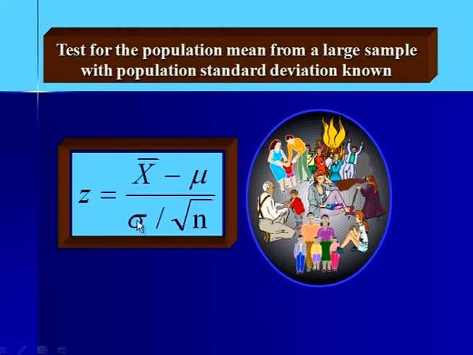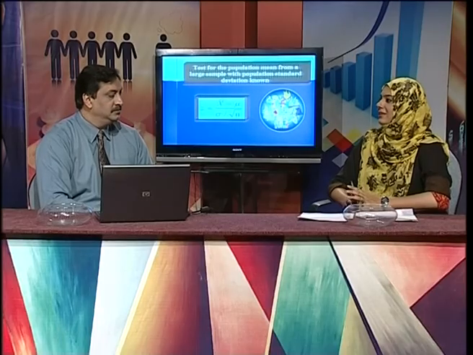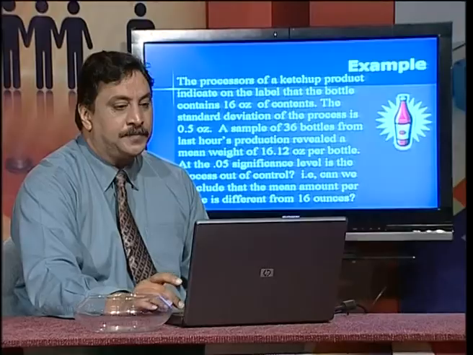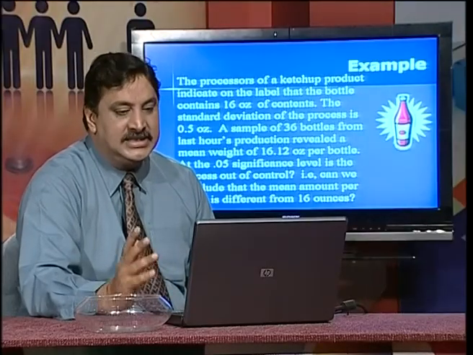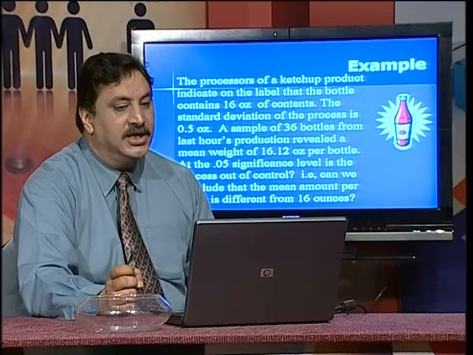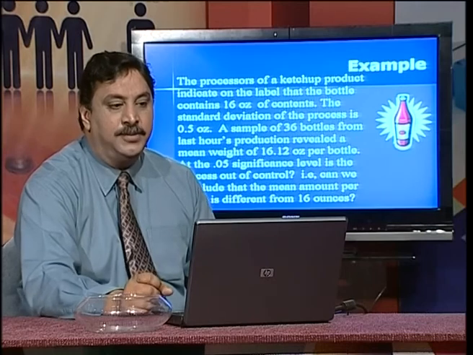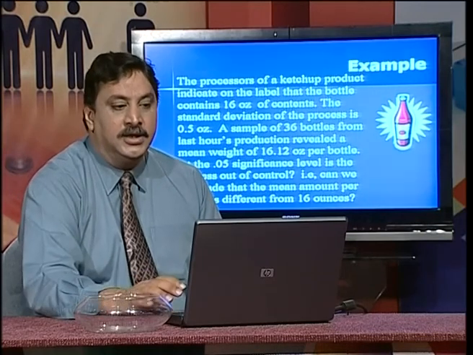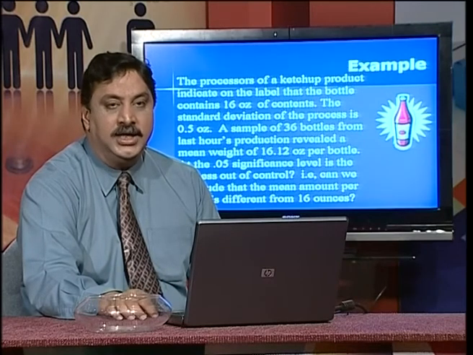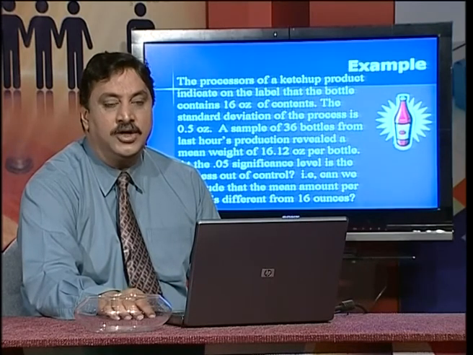Okay, sir, it will be better if we take an example and elaborate all of the steps of testing of a hypothesis in it. Suppose this is an example of a product manufacturing: the processor of a ketchup product indicates on the label that the bottle contains 16 ounces of the contents.